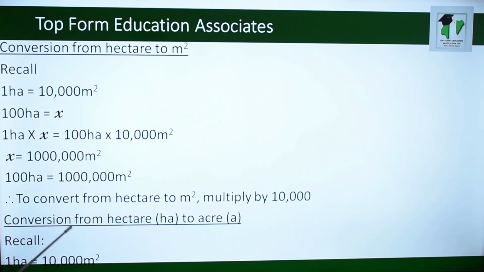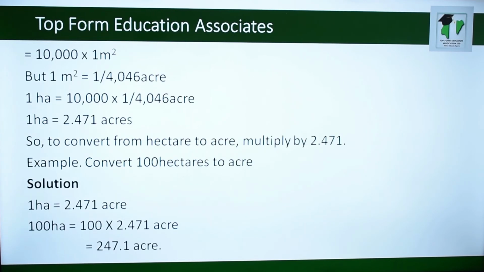The next is conversion from hectare to acre. Recall that 1 hectare is equal to 10,000 meters squared, which means 10,000 times 1 meter squared.